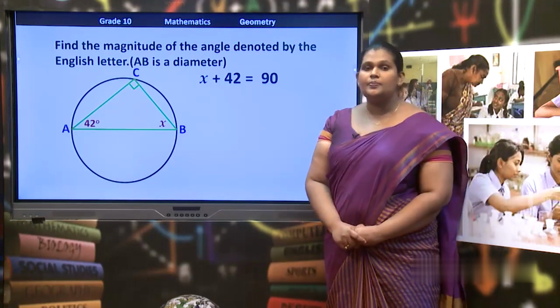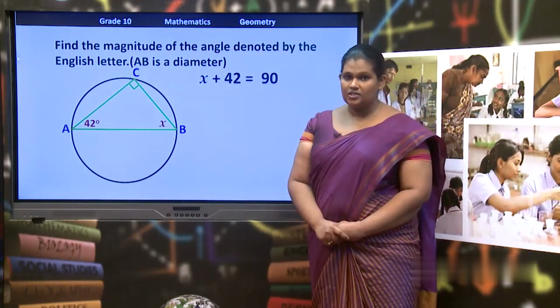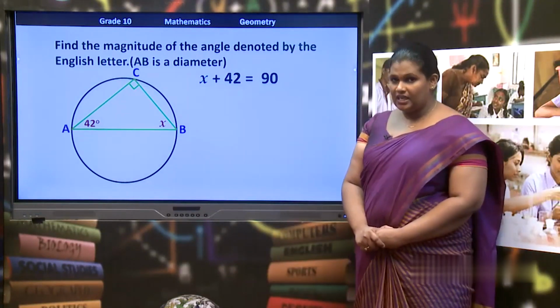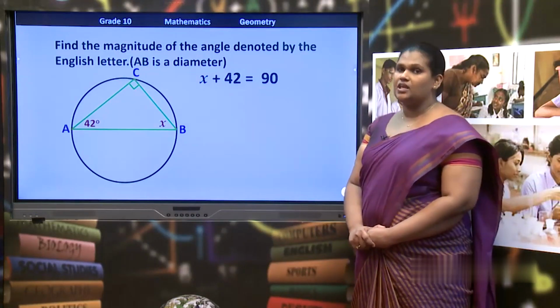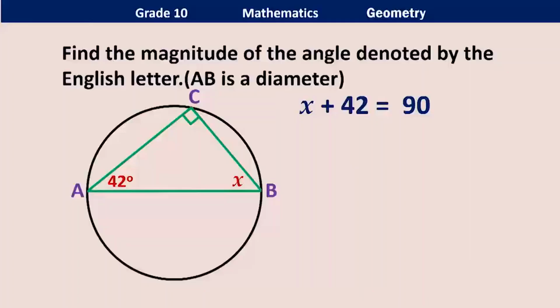So, now it is a simple equation. We can solve it by taking x to one side and all the other values to the other side. So, I can subtract 42 from both sides. x plus 42 minus 42 becomes x equals 90 minus 42. So, the value of x is 48 degrees.